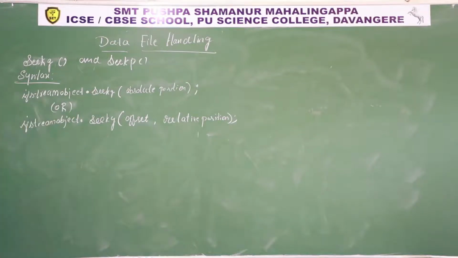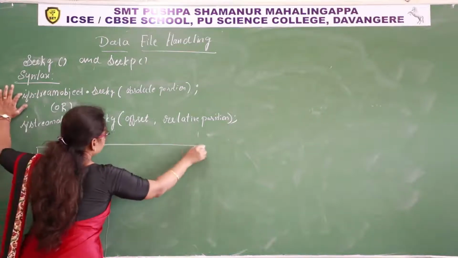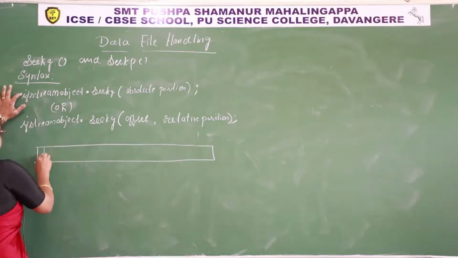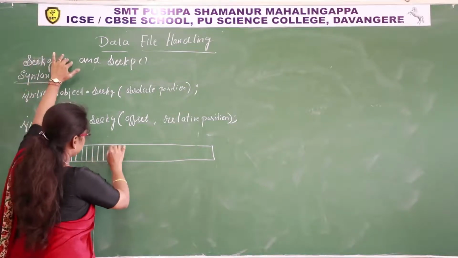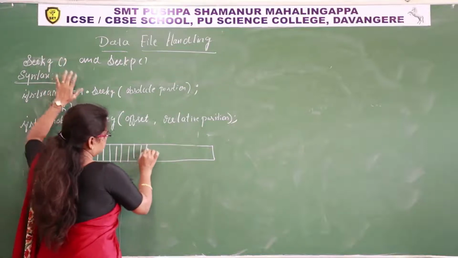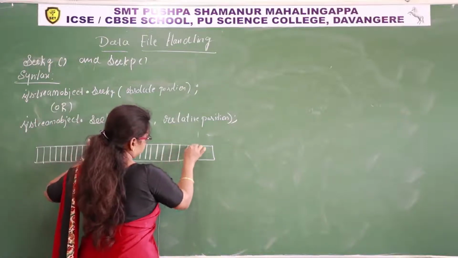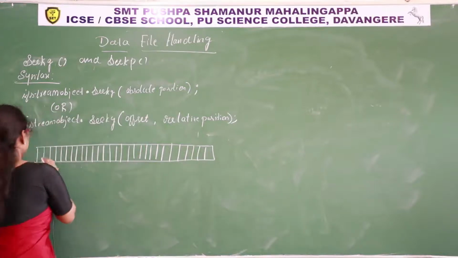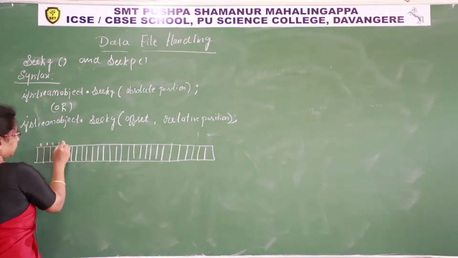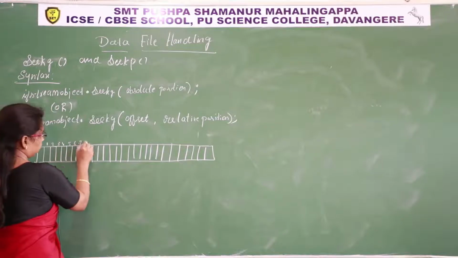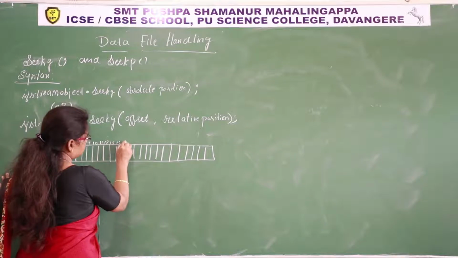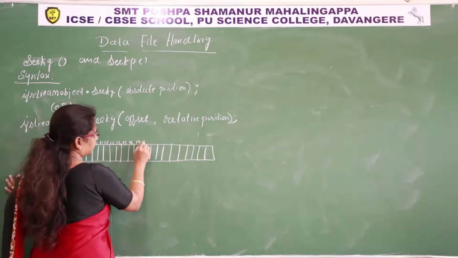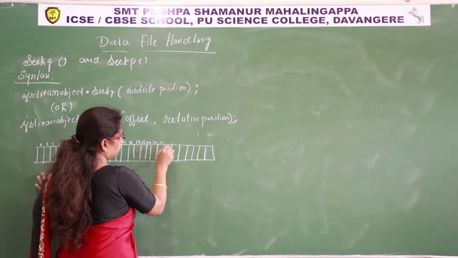See here, consider a line of text. 0, 1, 2, 3, 4, 5, 6, 7, 8, 9, 10, up to 18, 19, 20, 21.